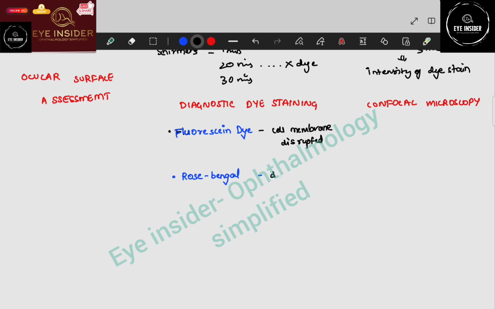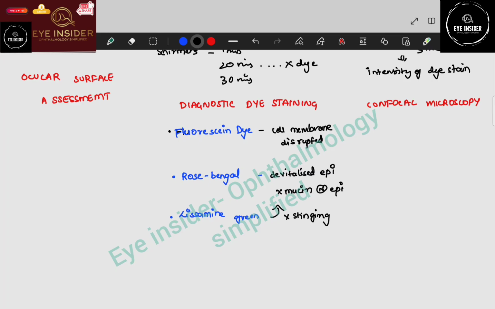And rose bengal dye stains the devitalized epithelium but not mucin. So if there is normal epithelium and there is no mucin, then also rose bengal will stain.